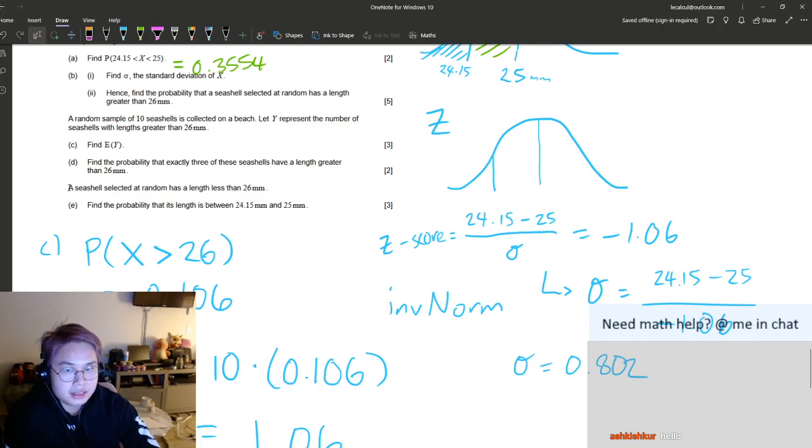And last one. Now we have a seashell selected at random that has a length less than 26. Then we need to find the probability that it is between these 2 values. So read the question carefully. They tell you that it's less than 26.